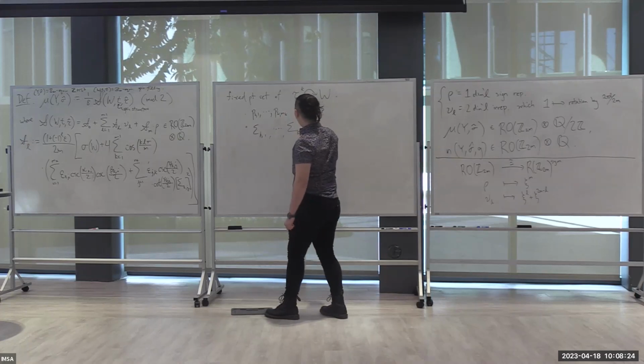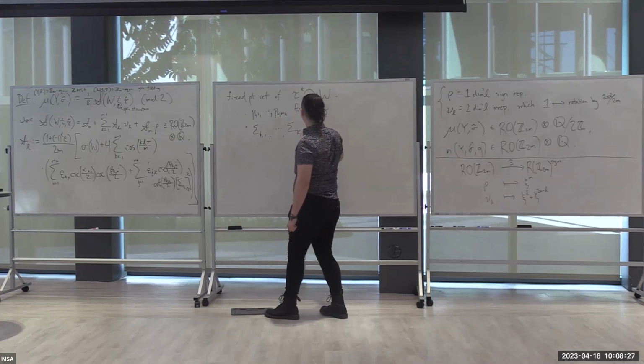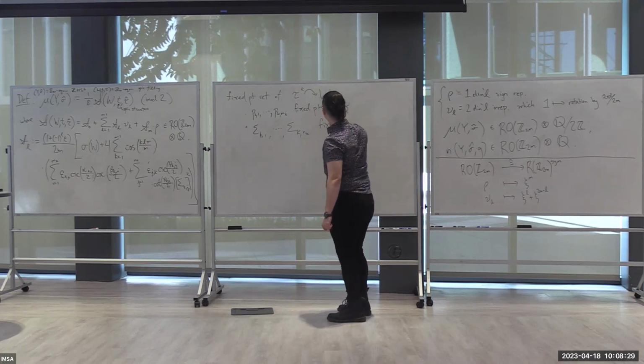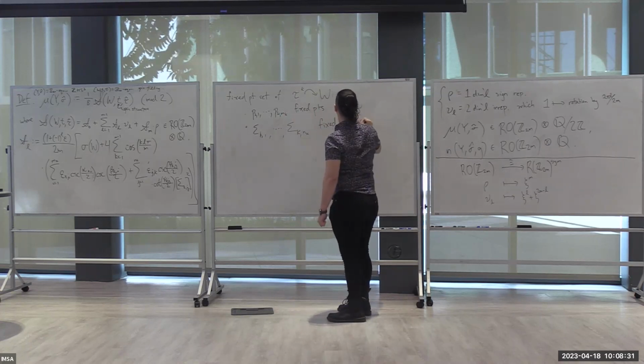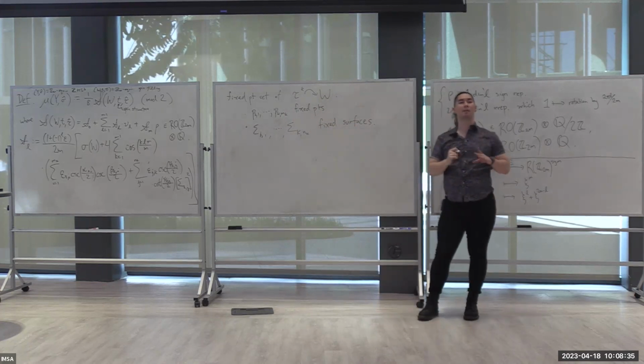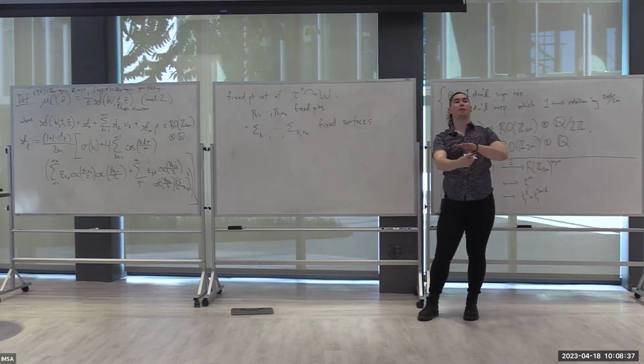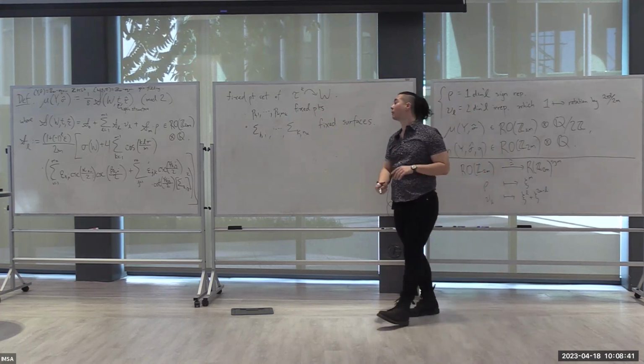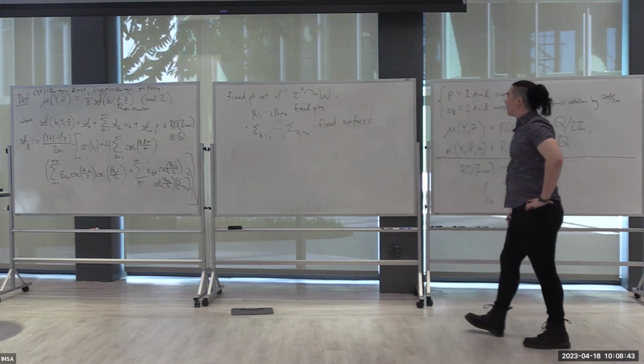Some of them might be contained in the interior, some of them might go out to the boundary, and on the boundary we have a fixed boundary.